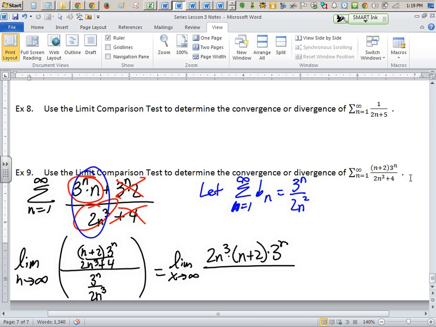Inner is the denominator: 2n cubed plus 4 times 3 to the n. Something simplifies. You see it? Good riddance. This limit isn't very hard. This should say n goes to infinity. Sorry.